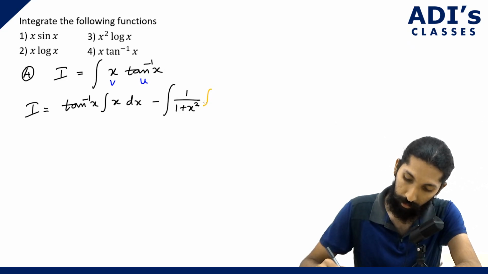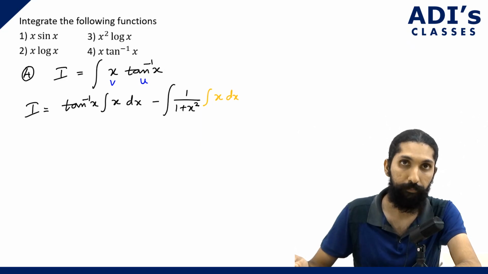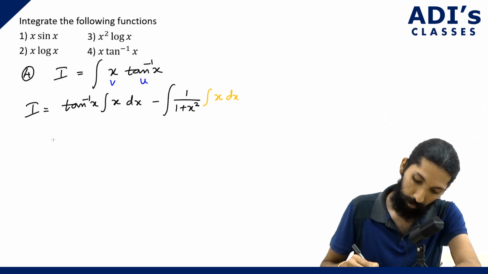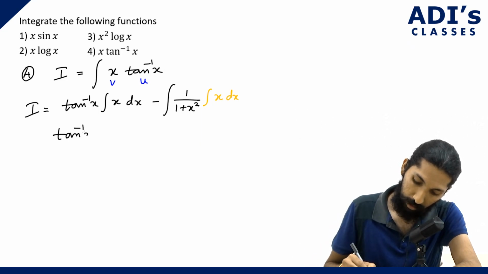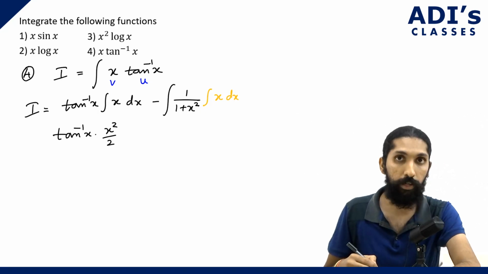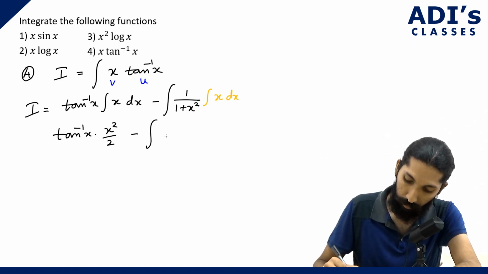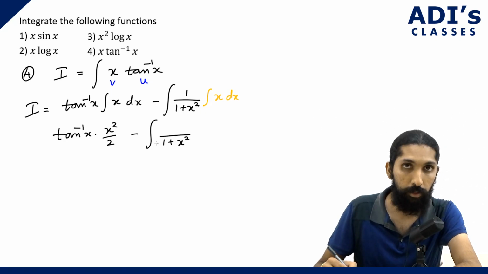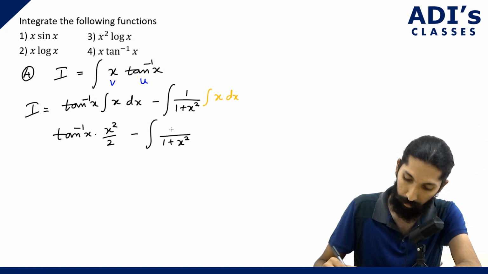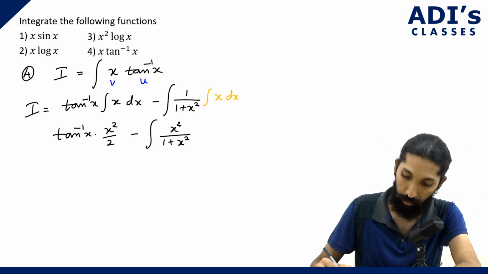Into the integral of x dx. This is the next part, correct? So you have tan inverse of x into x square by 2. The integral of x is x square by 2. Minus the integral of 1 by 1 plus x square into x square by 2, correct? So into 1 by 2. So I can write the 1 by 2 here, dx.